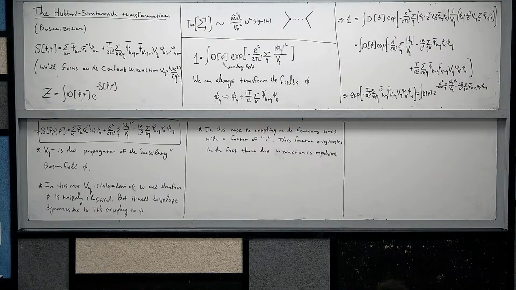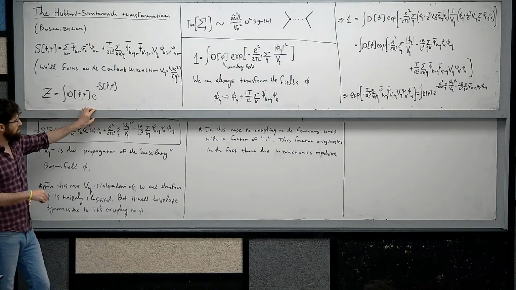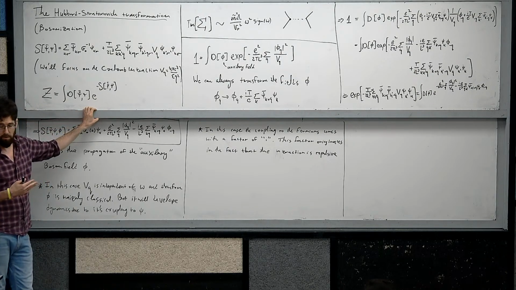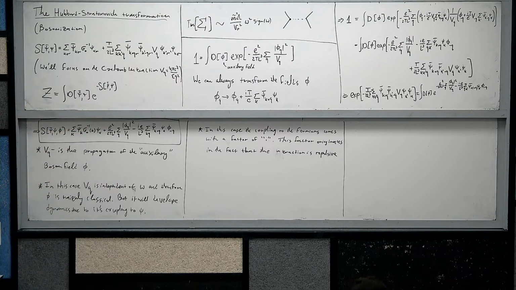By the way, if you want to understand this issue about Monte Carlo, the way you should think about it is that once this action is complex, it is like an oscillatory integral, and oscillatory integrals don't work well with random sampling. So maybe one needs to develop methods.